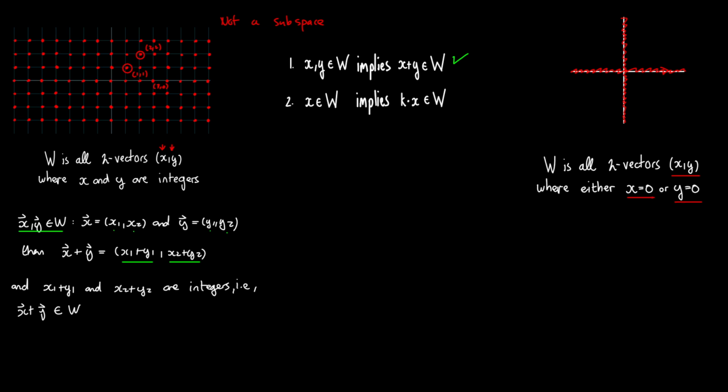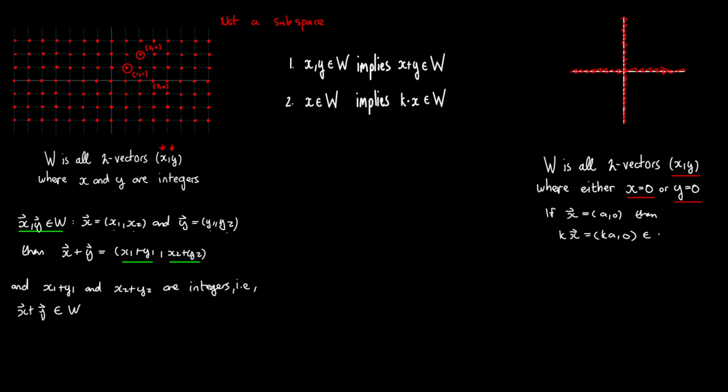Now, it actually turns out that for this particular set, it's going to be closed under scalar multiplication. So, for instance, if we take a vector x, and let's just say x is equal to (a, 0), then I can multiply this by any scalar k and just get (ka, k times 0), which is (ka, 0).